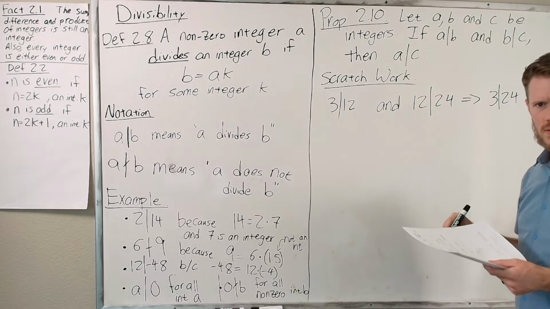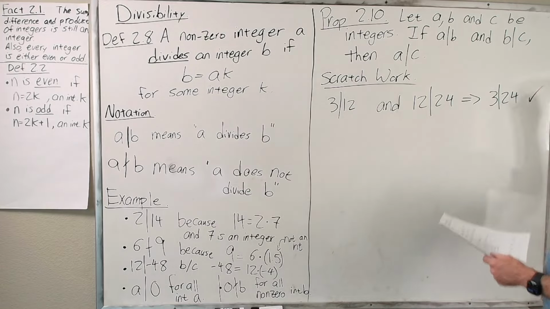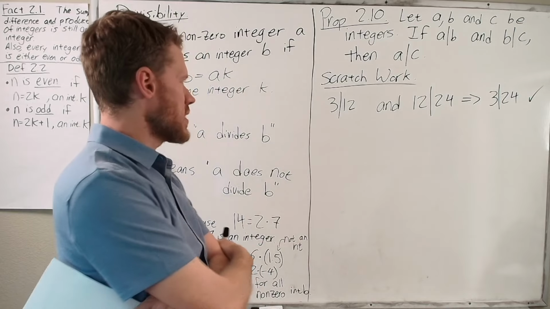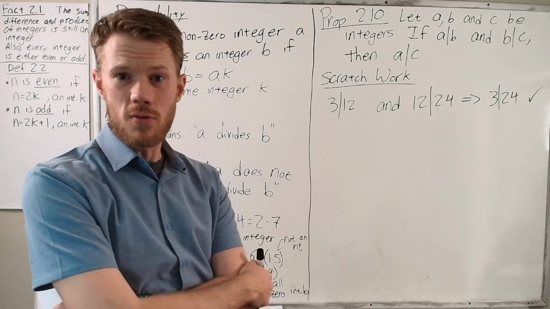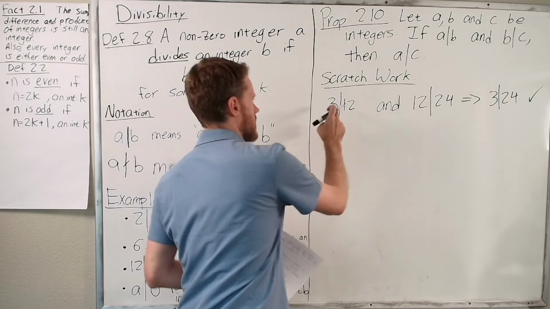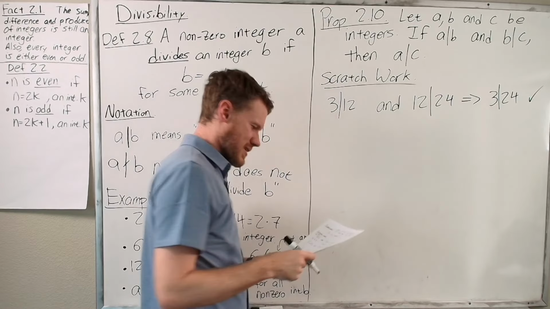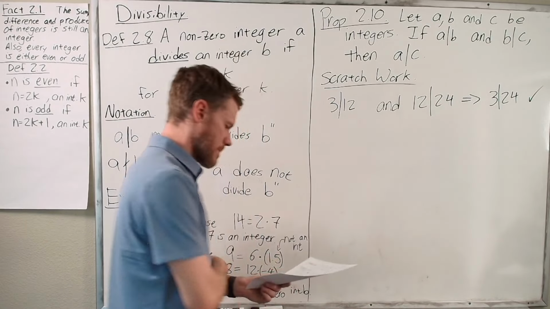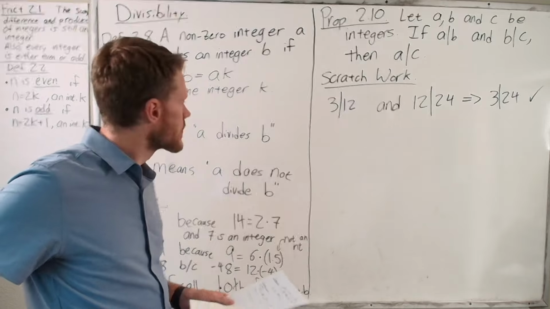Is that true? Yeah, check. Yeah, 3 does divide 12, 12 does divide 24. So if this is going to be true, then in this example and all other examples, it must be the case that this number divides that number. And in this one case, it does.